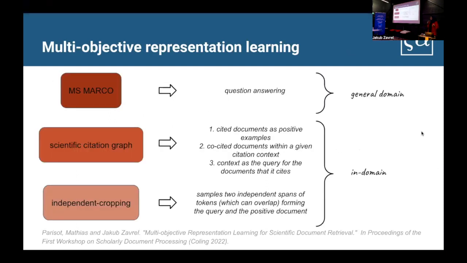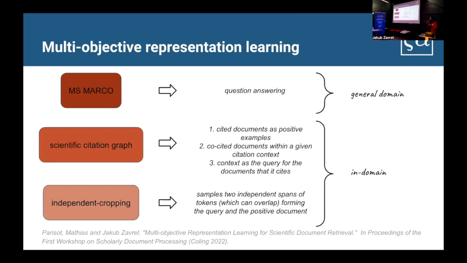So for this work, what we did was to do multi-objective representation learning. And the main idea was we have different data sets with different objectives. And by the way, the domain of this work was scholar document retrieval. So the data sets that we have, it can be like the general domain MS Marco, which is like a question answering data set, a supervised data set.